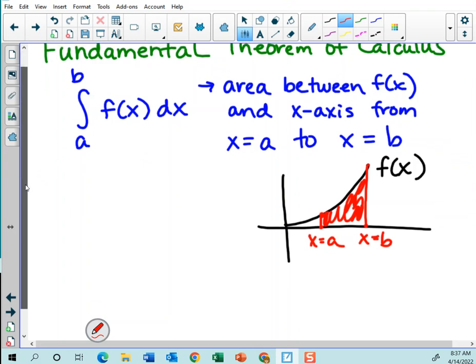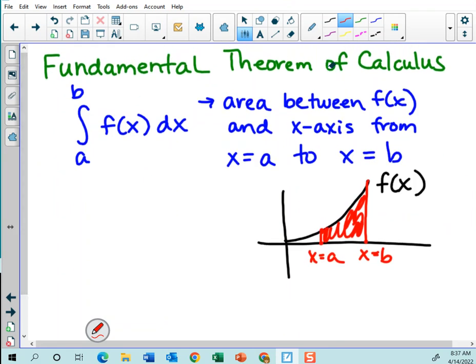Isaac Newton is the one that sort of realized that connection was there, or felt like that connection should be there, and then proved it. And how we write this is we say we're going to calculate the value of that integral by taking big F of b minus big F of a.